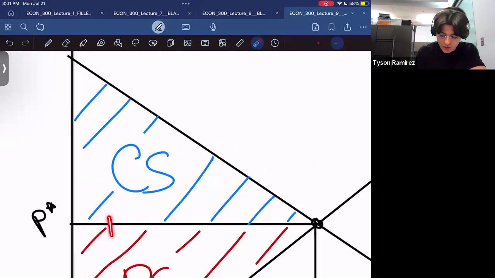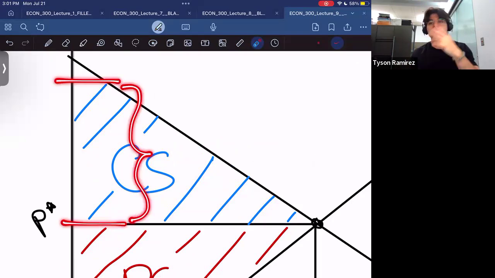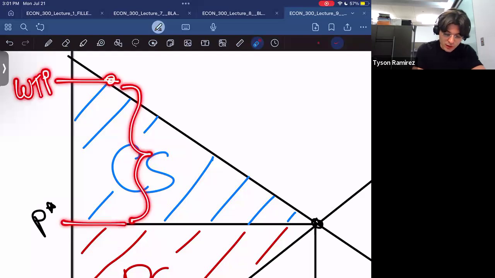So for a consumer that is willing to pay this much, but they only have to pay this much, this spread, this difference, that's the surplus right there. This guy was willing to pay a way high price, but he only had to pay the market price. And so whoever this is, this one consumer or this clump of consumers, they are enjoying this much surplus, because their willingness to pay was right here, but they only had to pay this much.